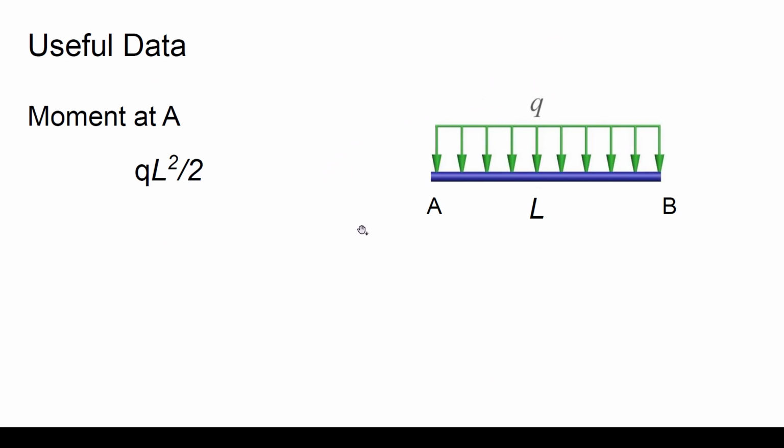If you are given a bar with a uniformly distributed load Q and length L, the moment about this point A is given by Q into L square by 2. We'll see how this is utilized in the problem.